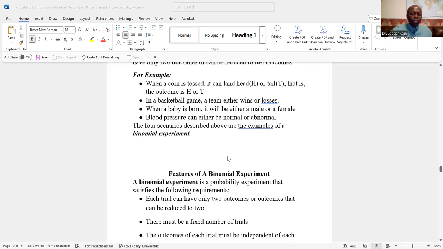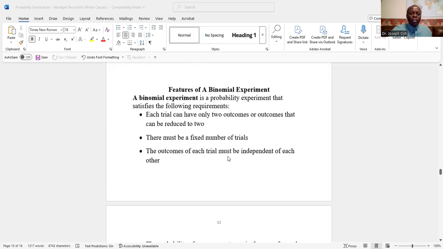A feature of the binomial experiment is that it is a probability experiment that satisfies the following requirements. These are the requirements a situation has to meet to qualify as a binomial experiment. One, each trial can have only two outcomes.